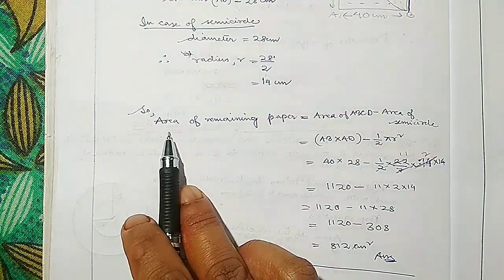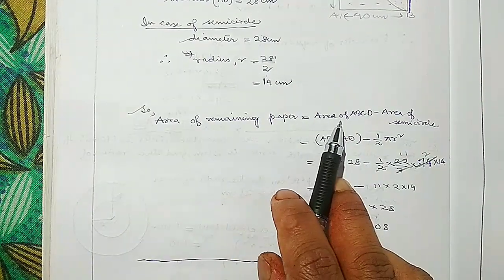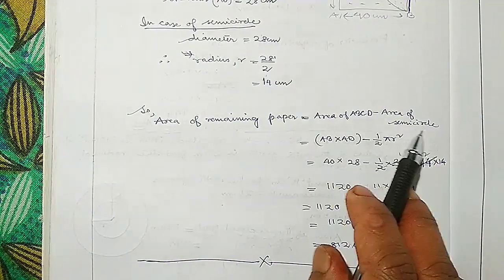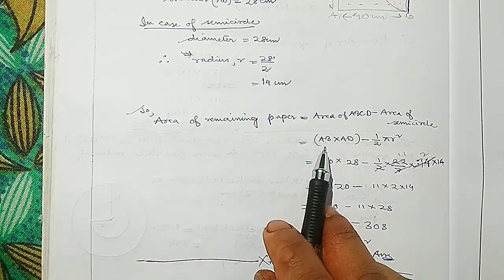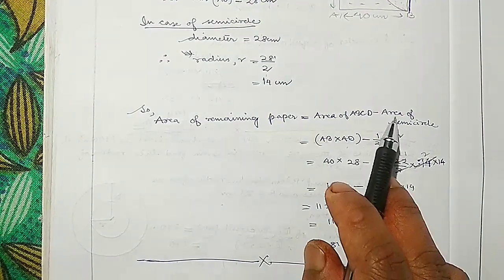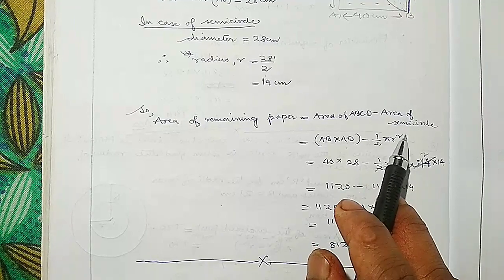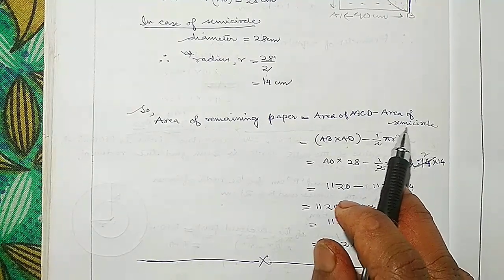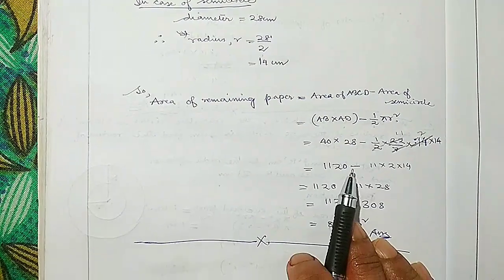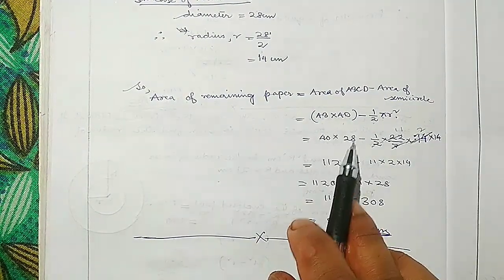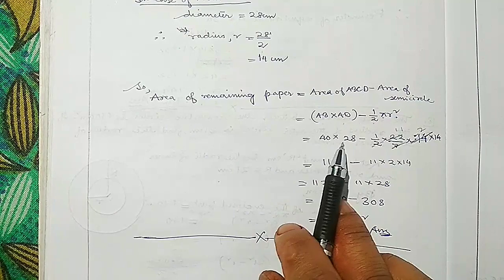So the area of the remaining paper is area of ABCD minus area of semicircle. Since ABCD is a rectangle, area is length into breadth, minus area of semicircle. Area of circle is pi r square, and since it is a semicircle, it will be pi r square by 2. Just replace AB by 40, AD by 28 as given in the question.